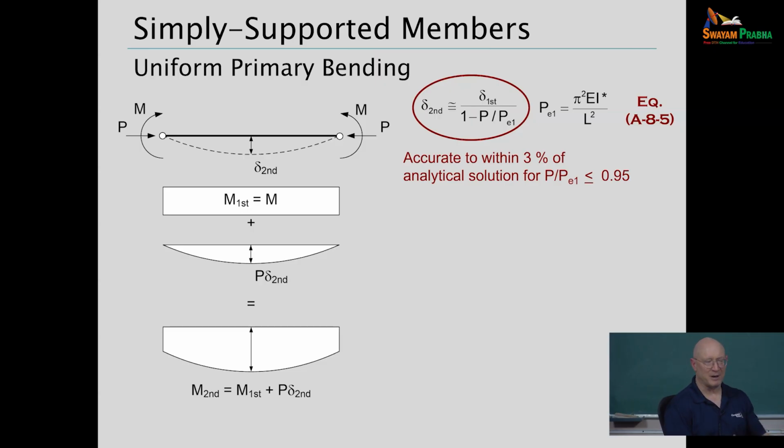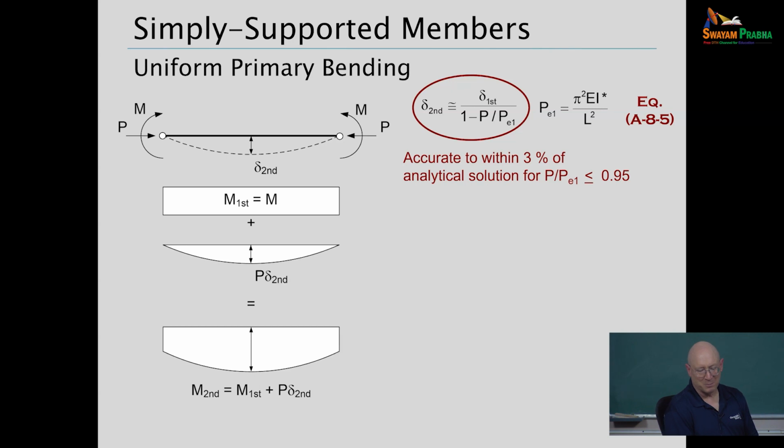If we make a cut at some location along the member in the deformed configuration, then we need some additional moment for equilibrium of P, in this case, times that delta to that particular cross section where we're making the cut, or to the reference axis at that cross section.